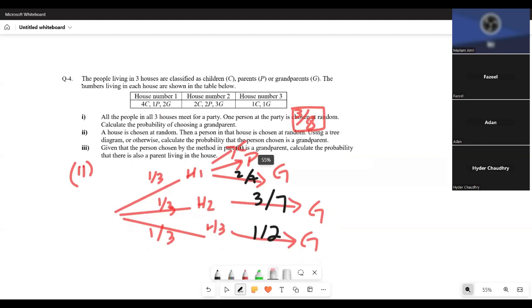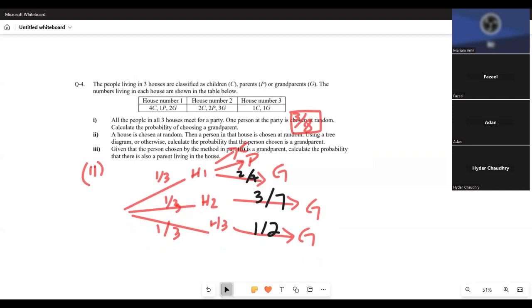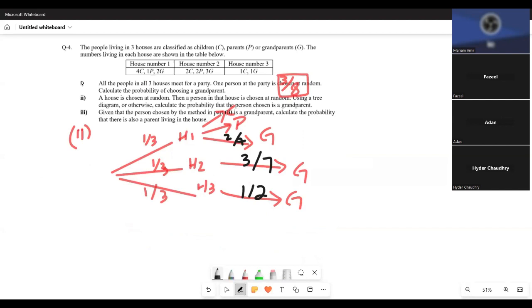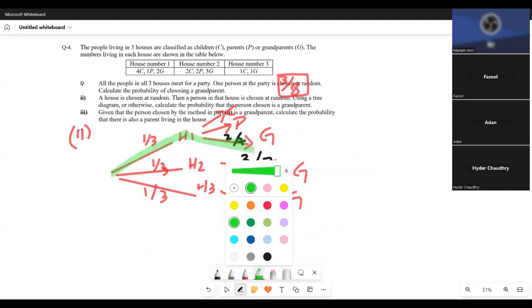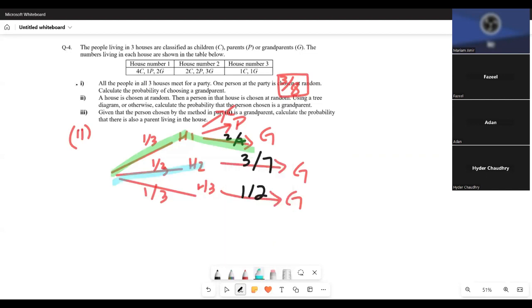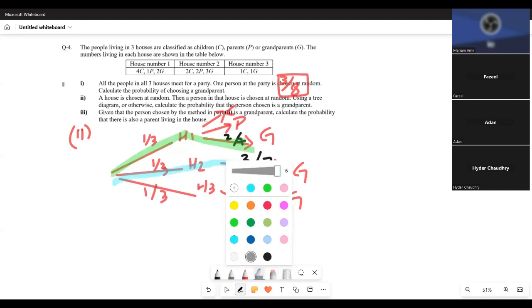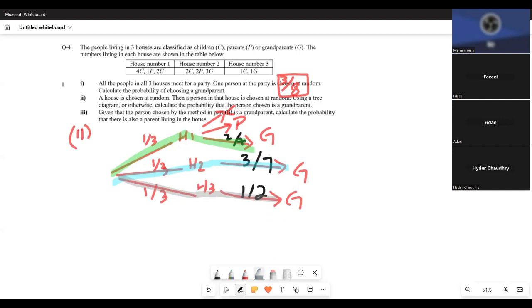So calculate the probability that the person chosen is a grandparent. So we have to follow these branches. Here to here, then here to here, and then here to here. So take product of the probabilities on the same branch, and then plus sign, and then sum of probabilities on the second branch, then a plus sign, sum of probabilities on the third branch.